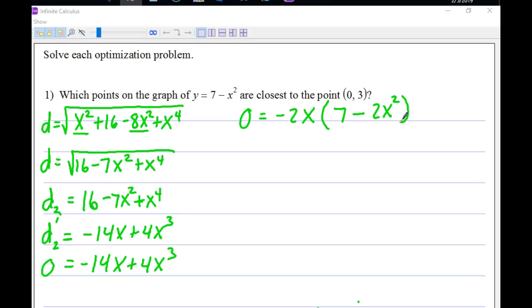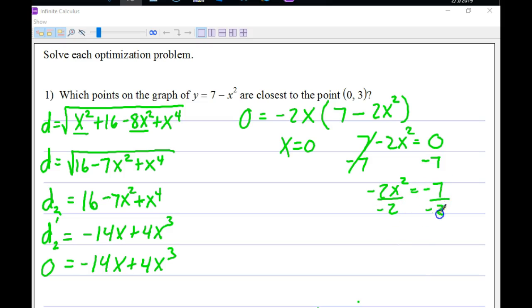Which means that I'm going to end up with two possible outcomes, either x equals 0, or if I solve this one, we're going to get a positive and negative square root of 7/2.